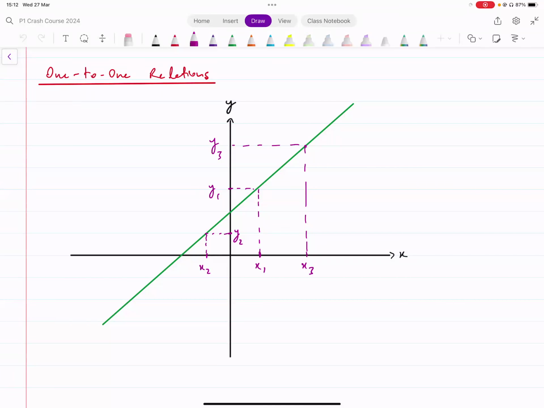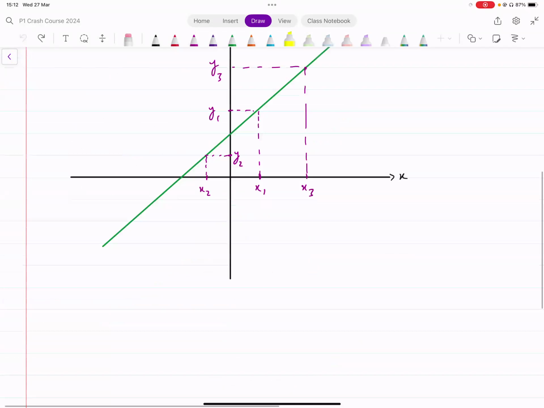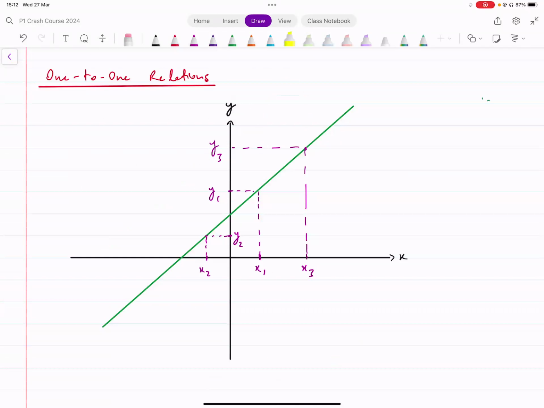Let me repeat what I said. So basically, we're saying for every single value of x on this graph, we have only one value of y. For example, corresponding to x1, we have only y1. Corresponding to x2, we have only y2. For every single value of x, we have only one value of y.